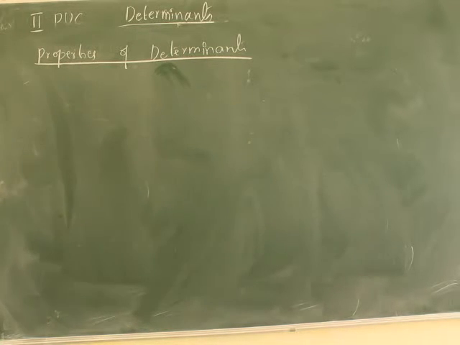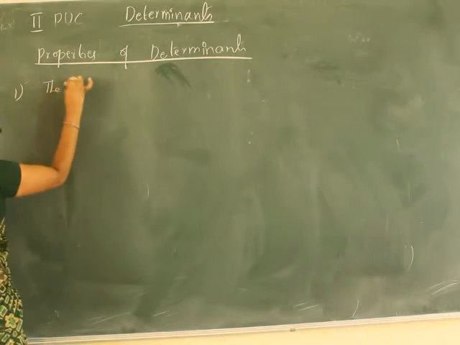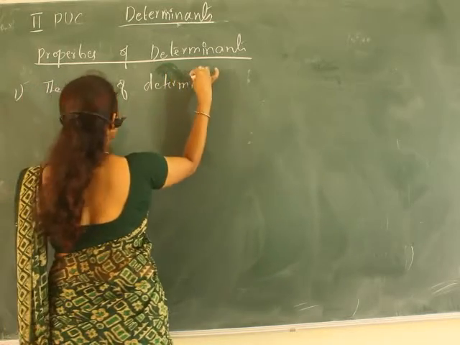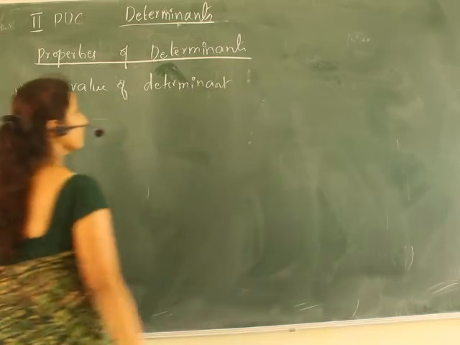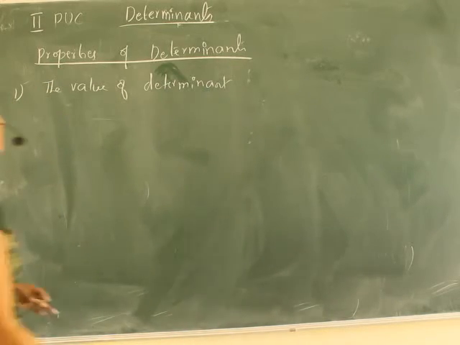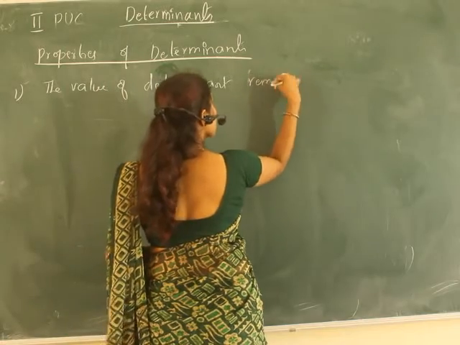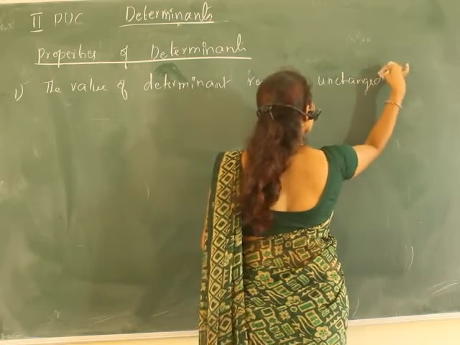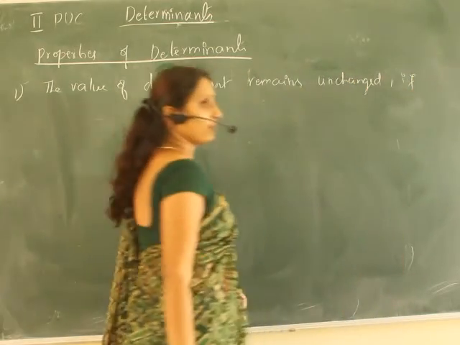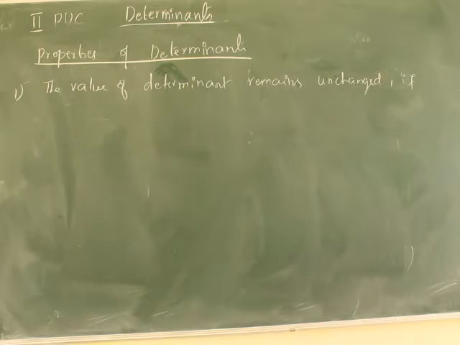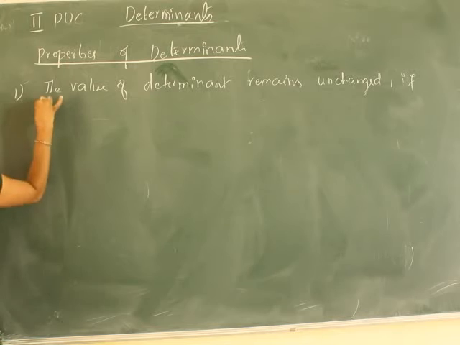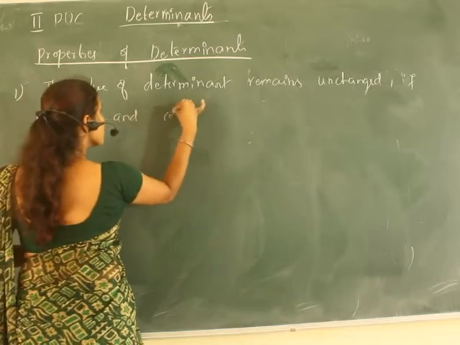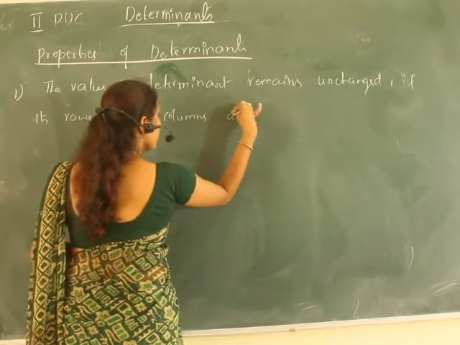Then the first property: the value of the determinant remains unchanged if its rows and columns are interchanged.